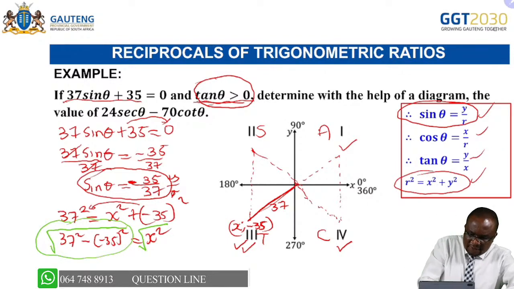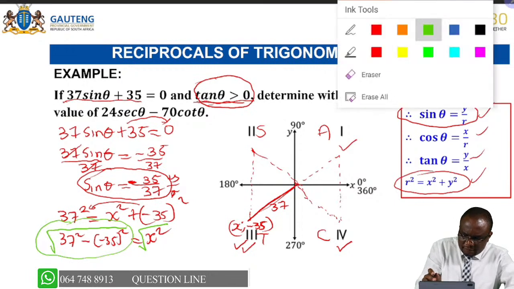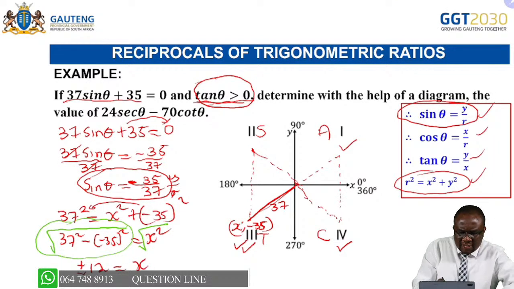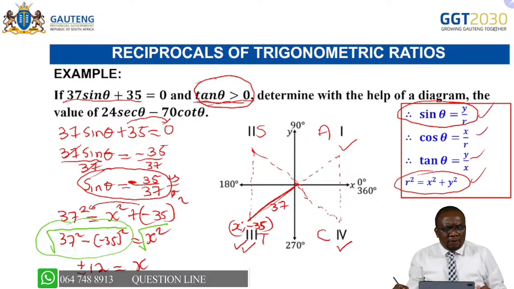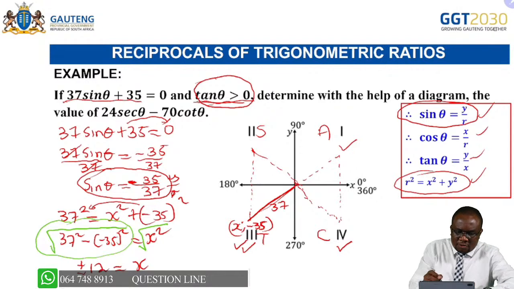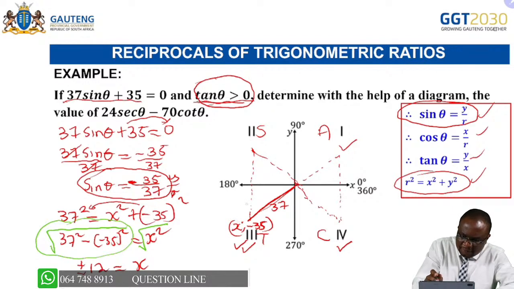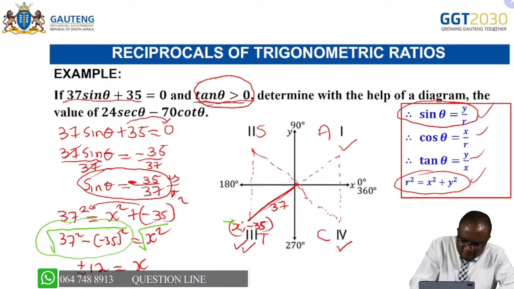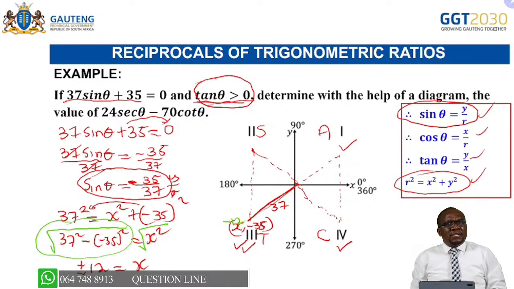So it's going to be positive or negative 12 is equal to x. So is it going to be negative 12 or positive 12 in quadrant 3? X is negative. So it's going to be negative 12 here. Negative 12 here. Okay, so that's what I wanted you to do.